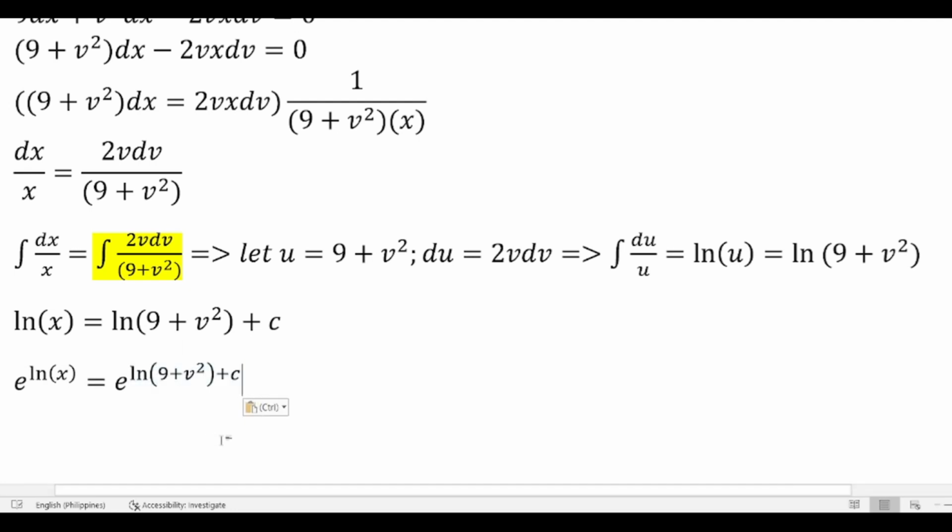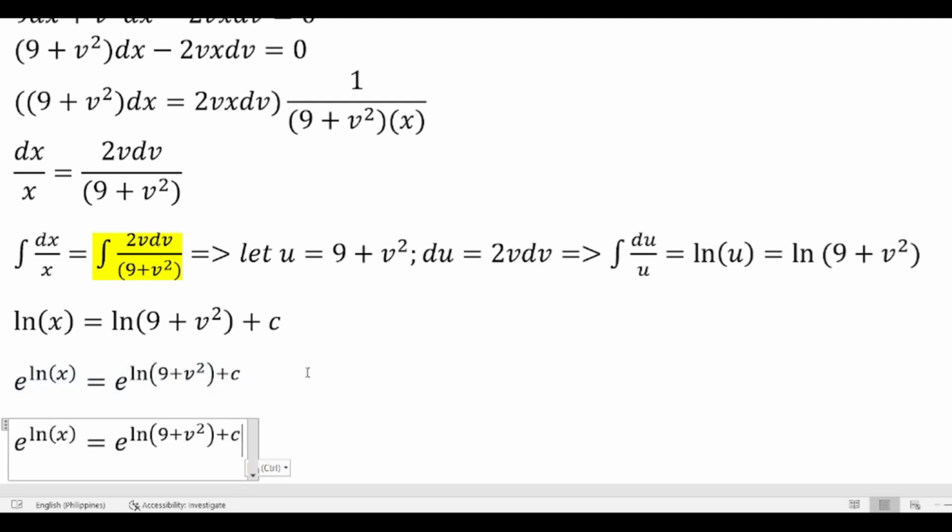Right? Now, as we all know, we can decompose this one. We can actually rewrite this one as e raised to ln of this multiplied by e raised to c. Okay, so let's show it so that there will be no confusion.